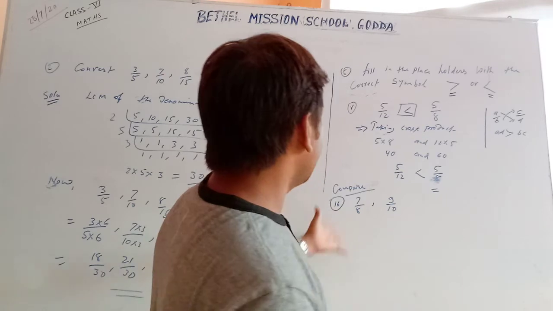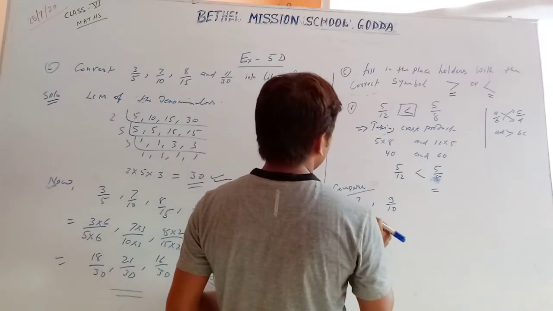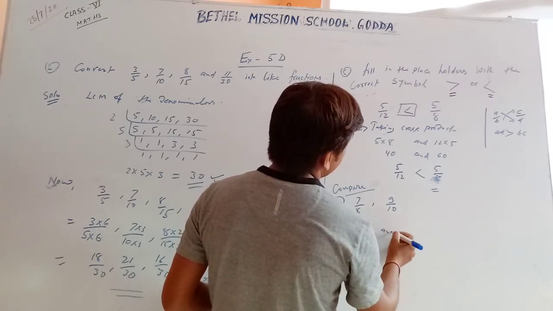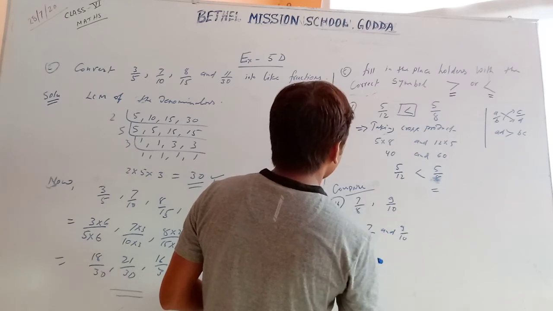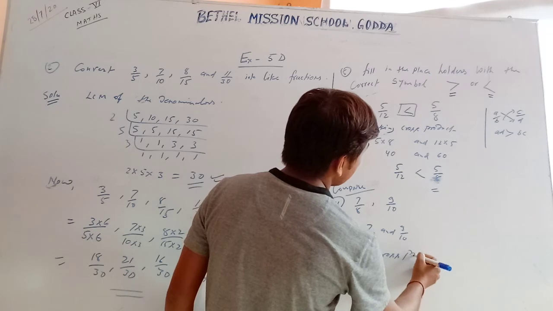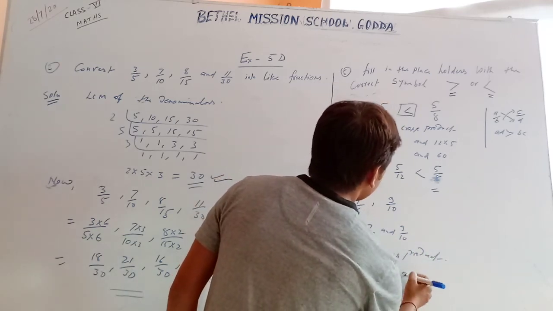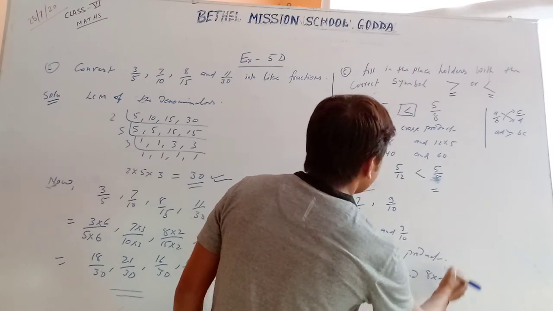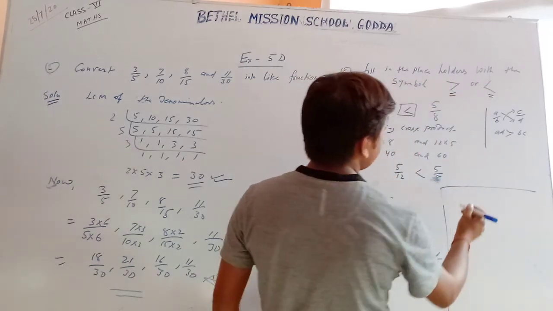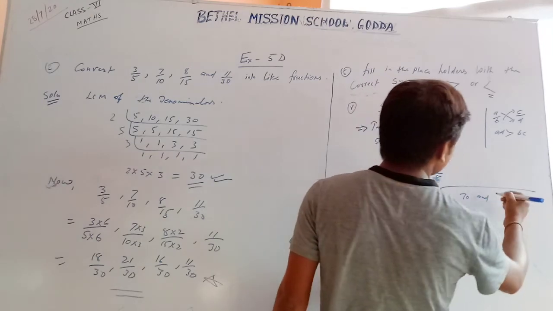Now the same question is given: compare which is greater or smaller. Solution: 7 upon 8 and 9 upon 10. Taking the cross product, 7 multiplied by 10 is 70, and 8 multiplied by 9 is 72.